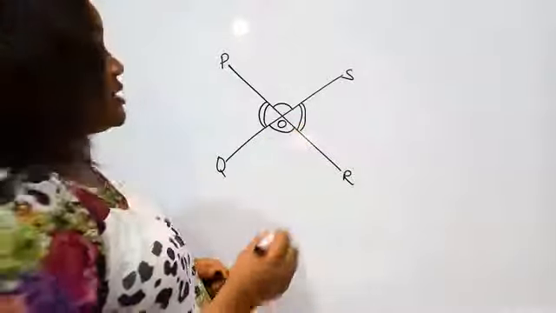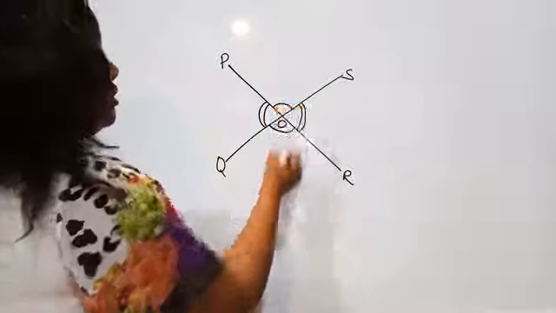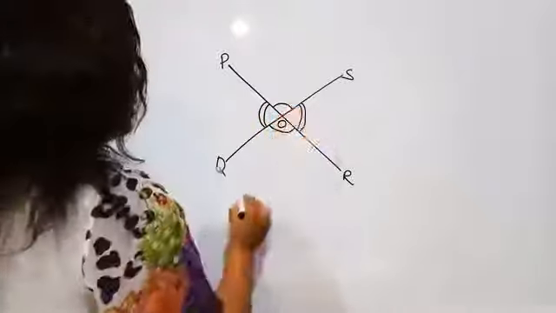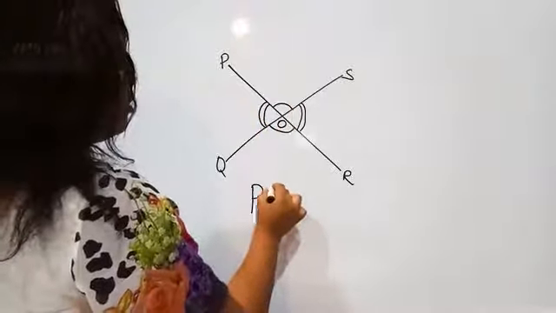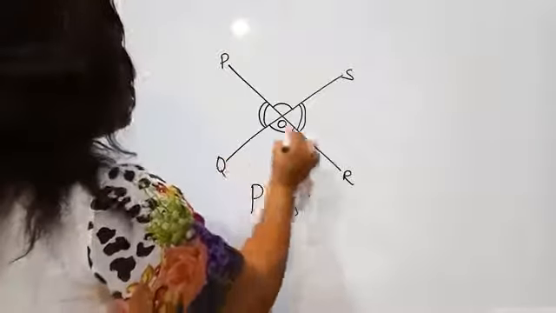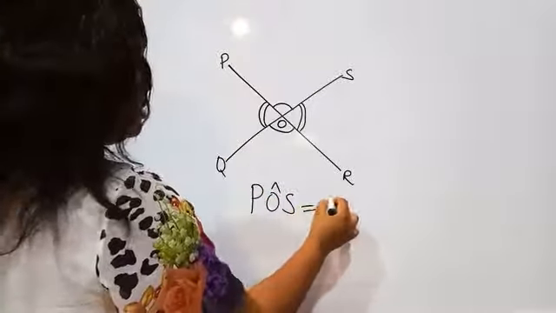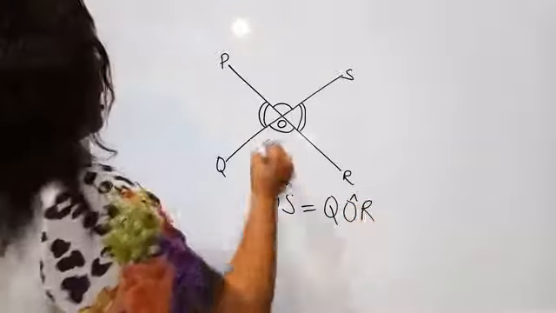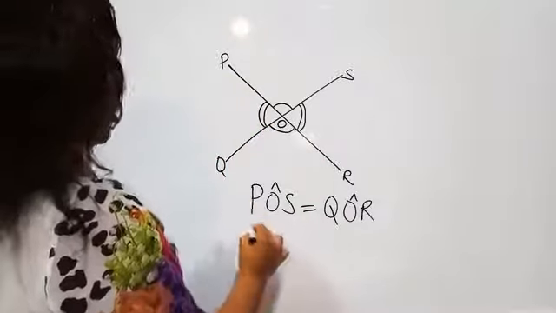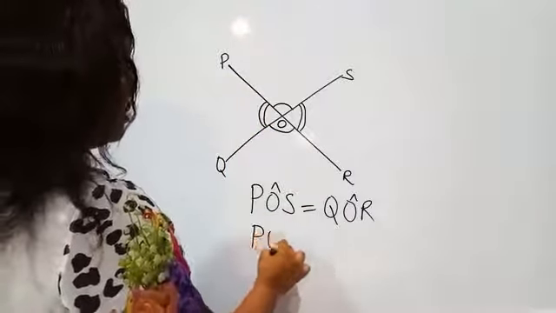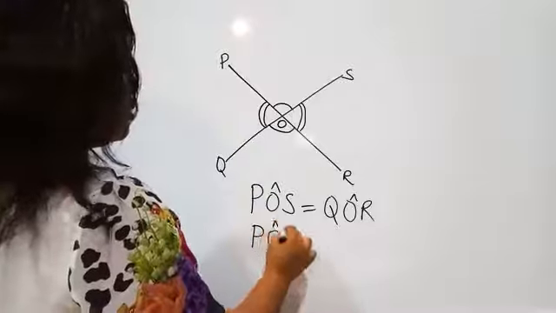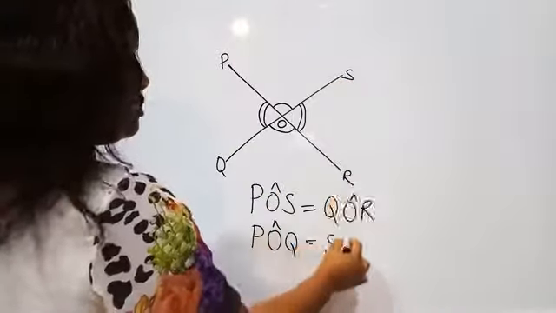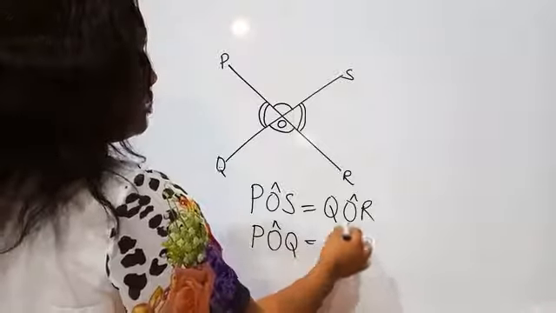So vertically opposite angles are equal. So you can say here, angle POS equals angle QOR. And angle POQ equals angle SOR.